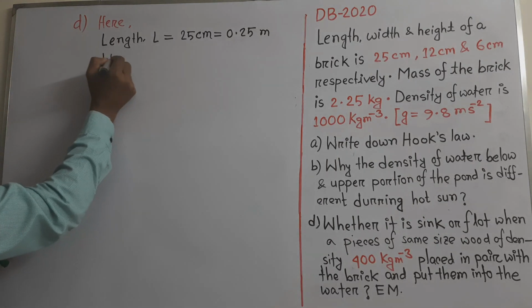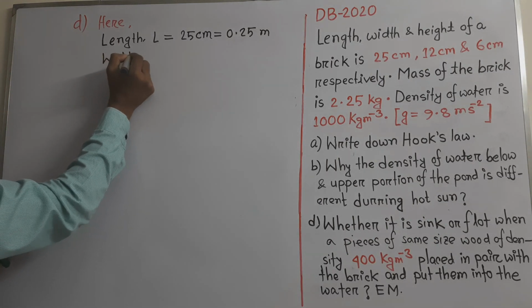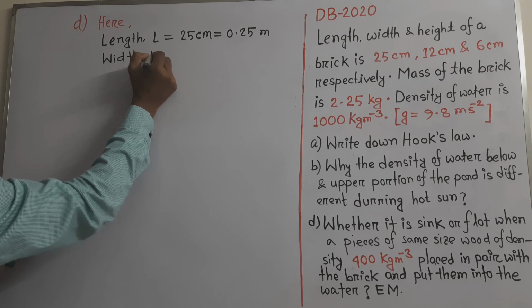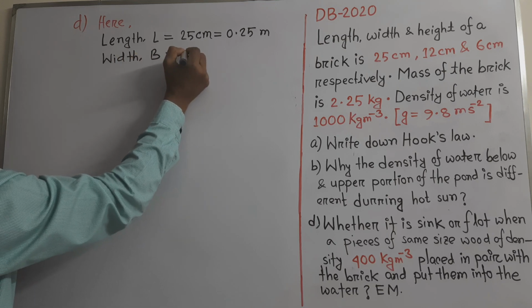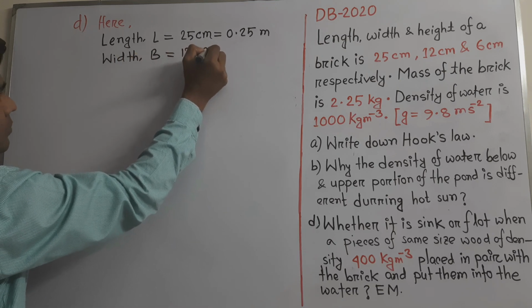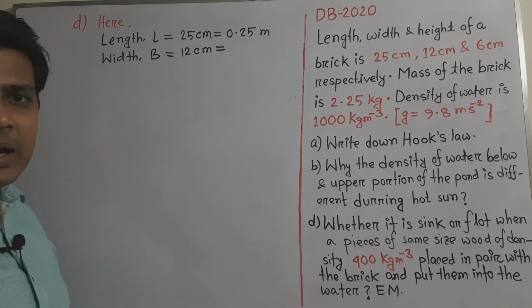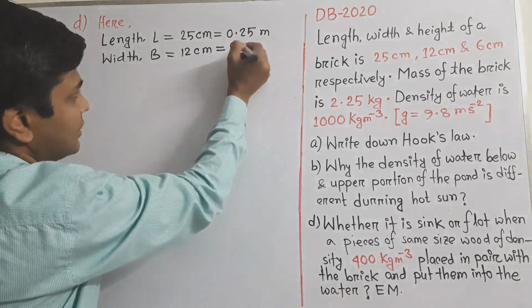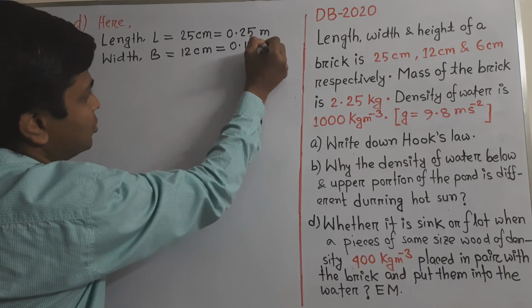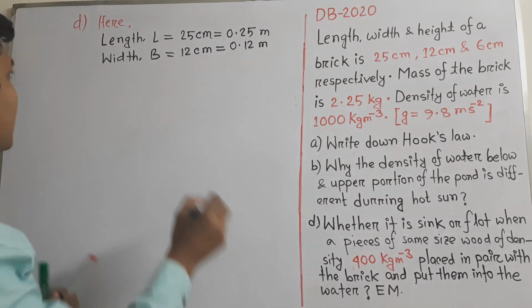Breadth or width B is given here 12 centimeter, and it will be 0.12 meter.